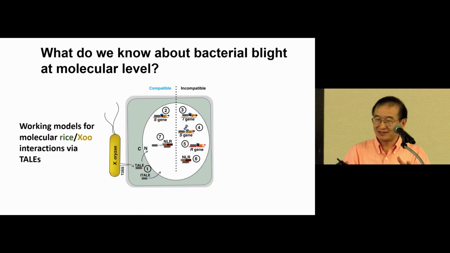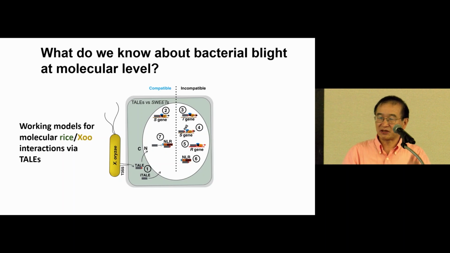And for this, to use the TALEN or later the CRISPR to do some of the bacterial blight disease engineering, we need to understand the biology. So this is the working model at the molecular level for the bacteria Xoo and the rice.